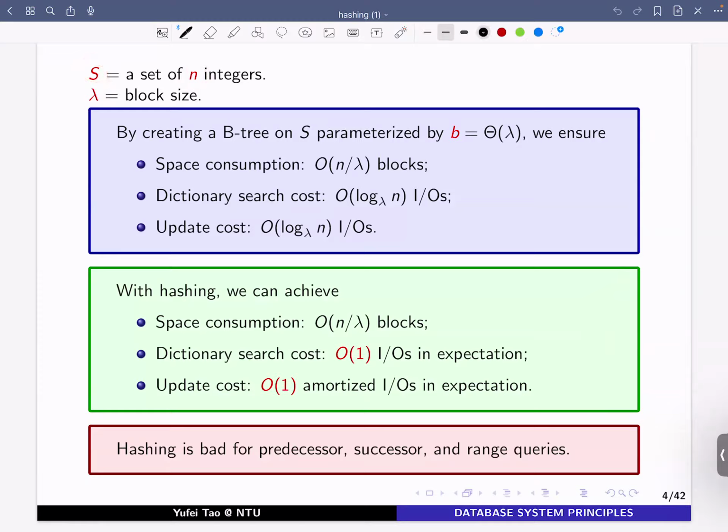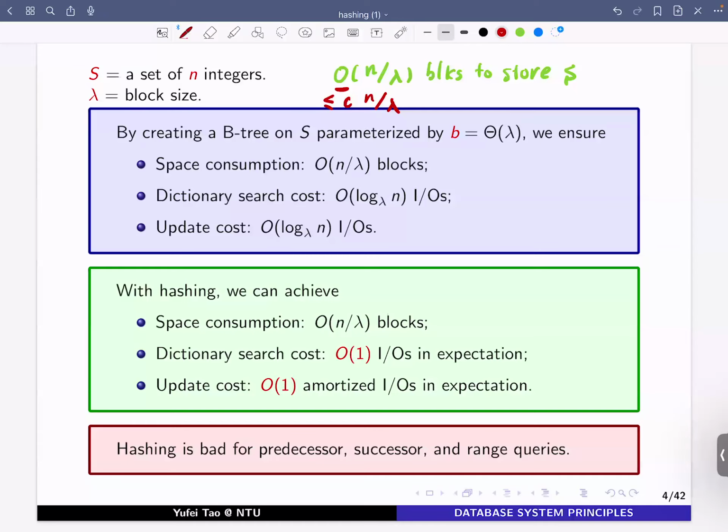You need big O of n over lambda blocks to store S. Last time I said every time you see a big O, your instant reaction should be to replace this big O with less than or equal to, where there is a constant C, followed by whatever is inside the parentheses.